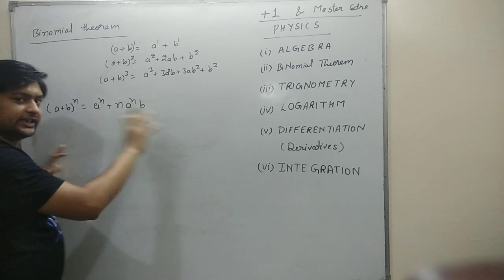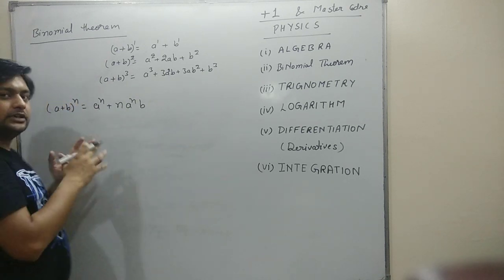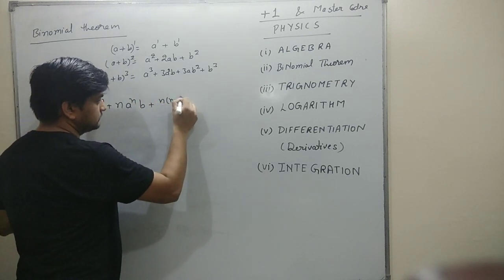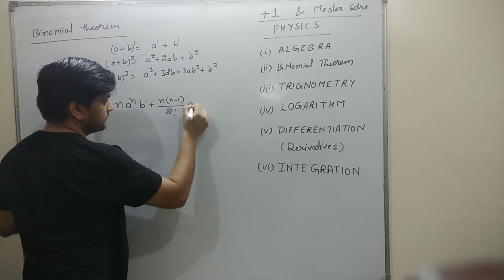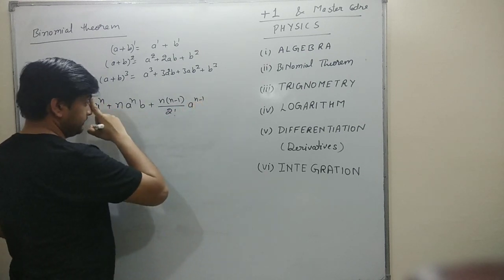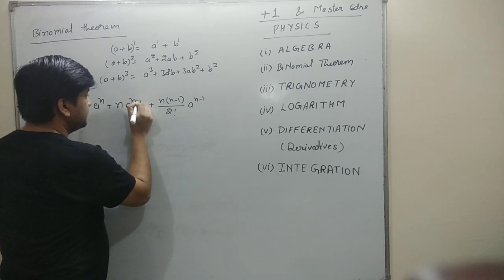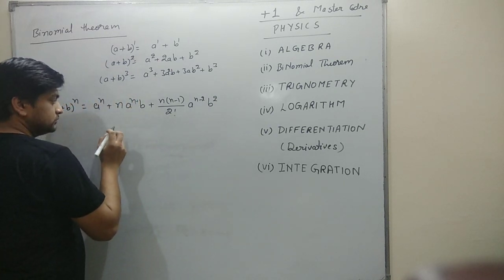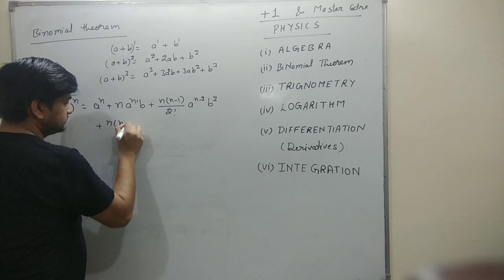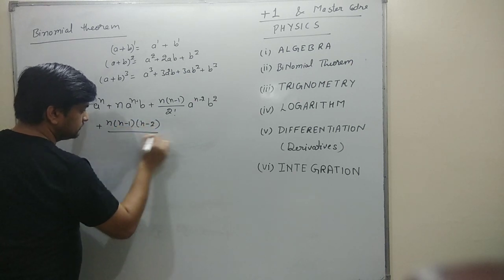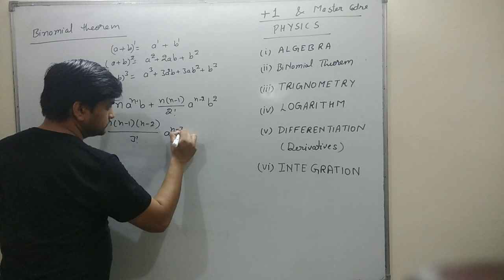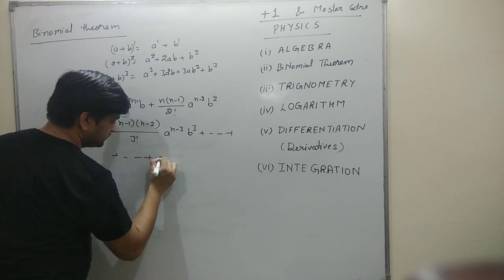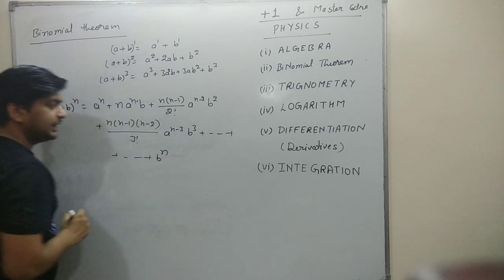The power of the first term goes on decreasing and the power of the second term goes on increasing one by one. So n minus 1 and n minus 2, and up to b raised to power n.